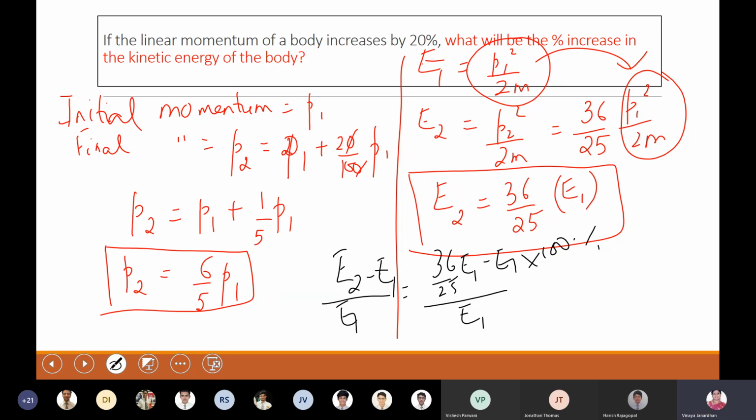Now at least this much you will calculate, boys. Ma'am, is it 200%? Oh, just see the numerator. Ma'am, I got 44%. Correct. Yes, ma'am.